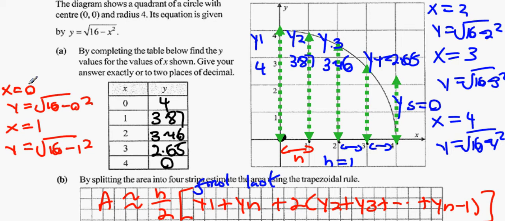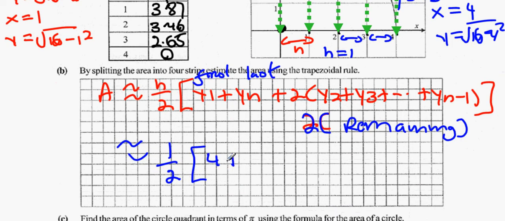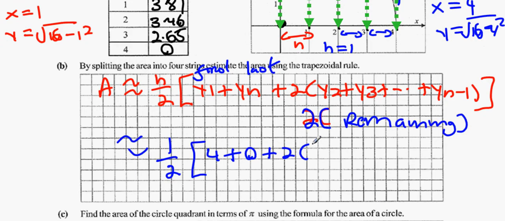So let's put them into the formula. y1 is 4, the last one is 0, plus 2 times the remaining, which is 2 times 3.87 plus 3.46 plus 2.65, close the bracket. Now we can do this in one swoop in the calculator.